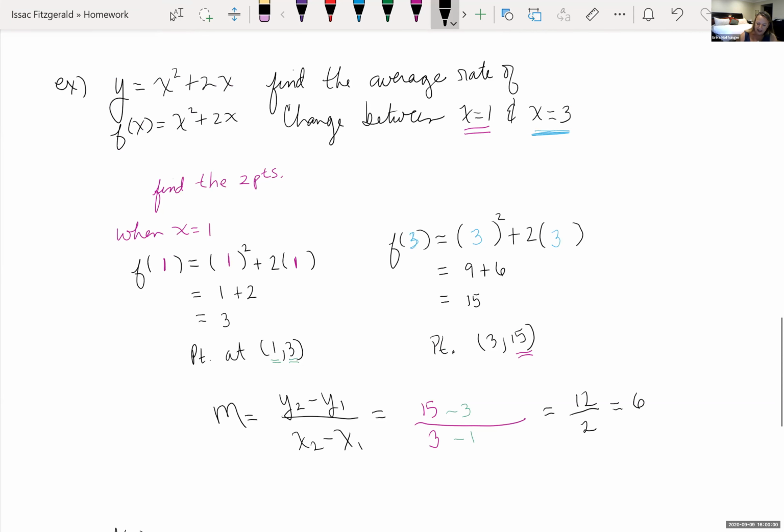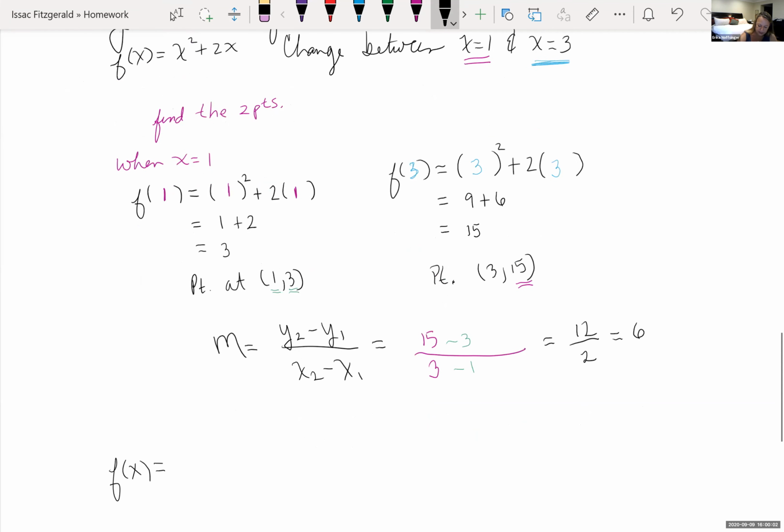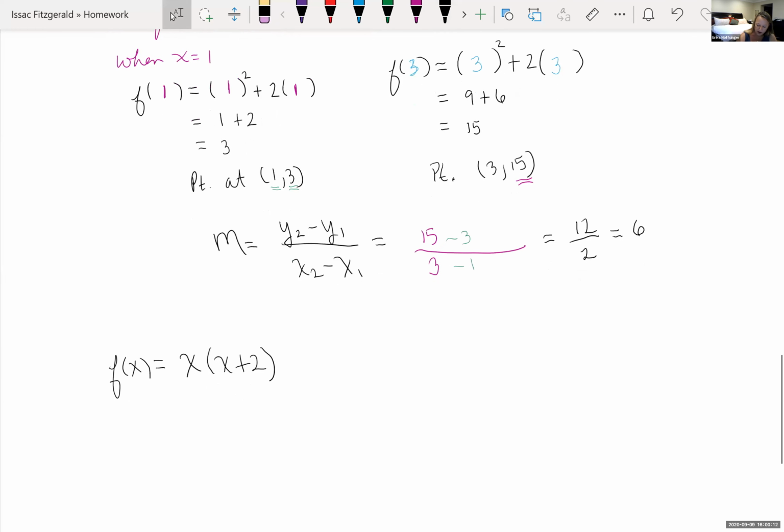Let's pull out an x, since x squared plus 2x has an x in common. I'm doing this so I can figure out my y-intercept and my x-intercepts. My x-intercepts are at 0 and -2. My y-intercept is at 0.